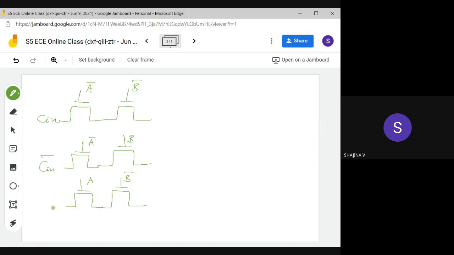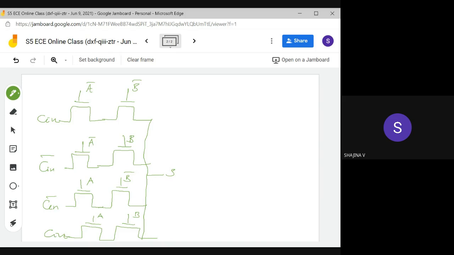So in this condition, sum is equal to again C in bar. And last case, when A equal to 1 and B equal to 1, what is my output? It is equal to C in. Okay. Here I can get my sum.